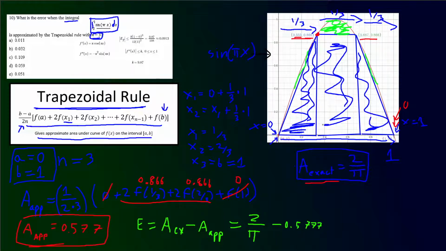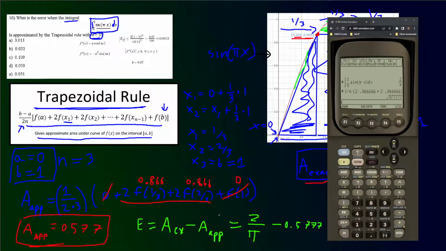So we type into our calculator this 2 over pi. Let's see what that is by itself as a decimal. It's 0.6362, so this is a little bit bigger.